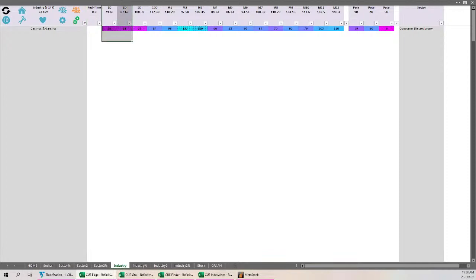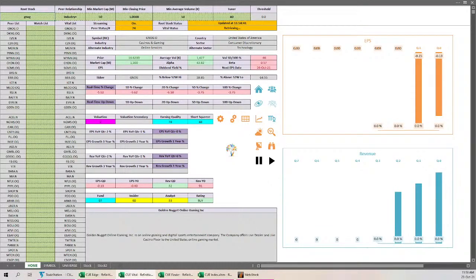Nice. Weak industry, and unlike biotech, it doesn't have that unpredictability because of certain drug related news. Casinos and gaming, among the worst 20% industries over 5 day, 2 day, 1 day, has deceleration over 5 day, and this stock is overvalued.